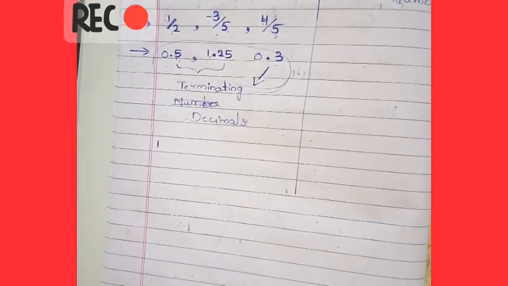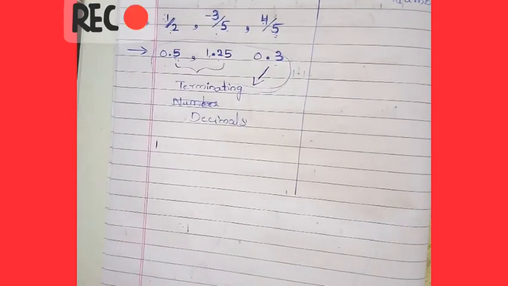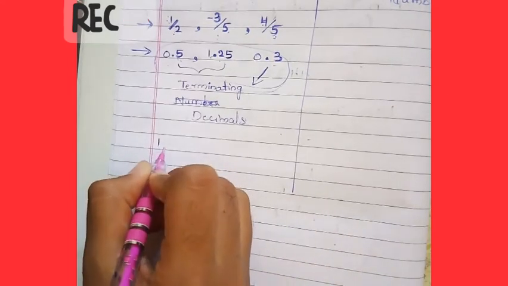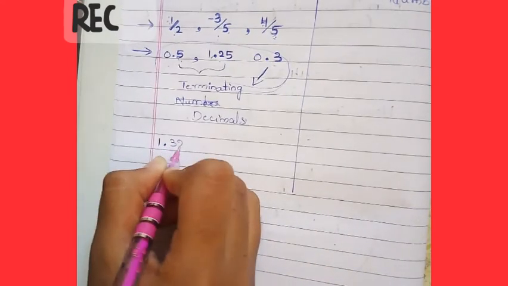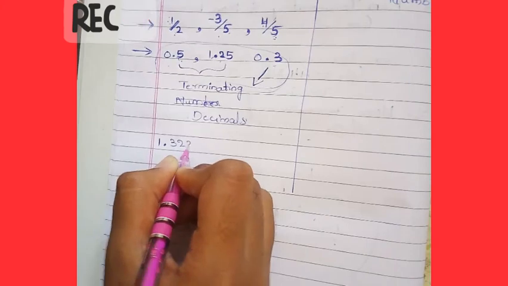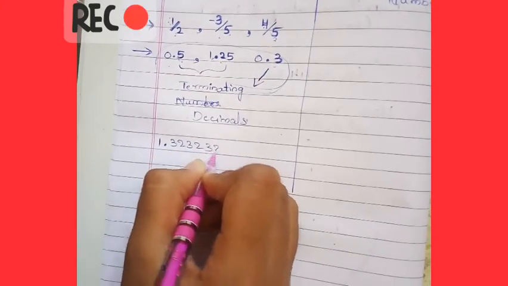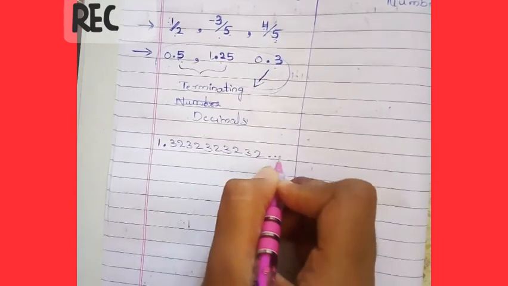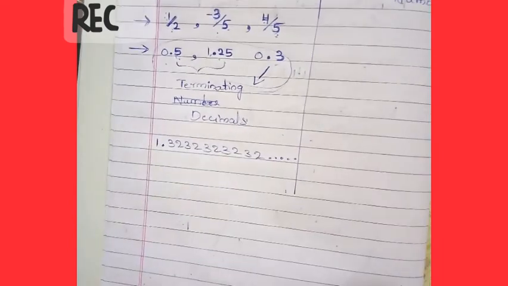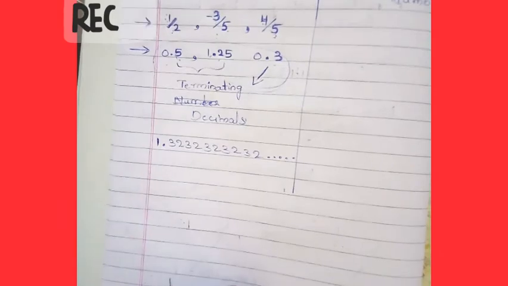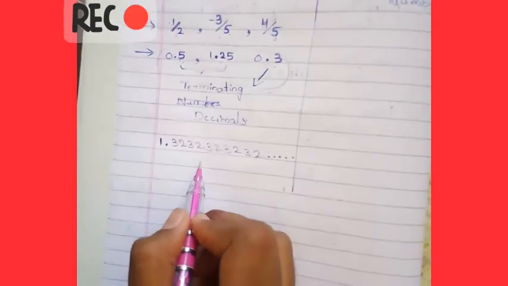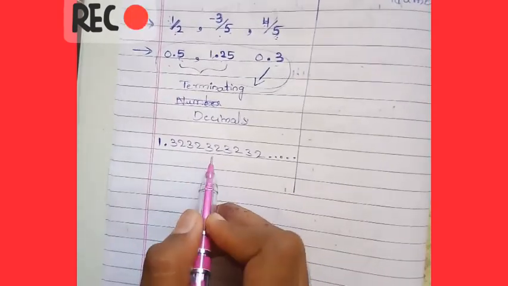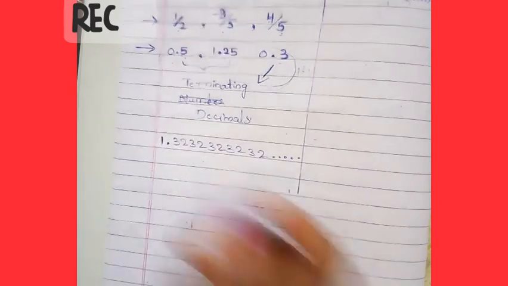Now let's take another example, 1.32 and so on. Now you say, what is this? Is this a rational number or irrational number?